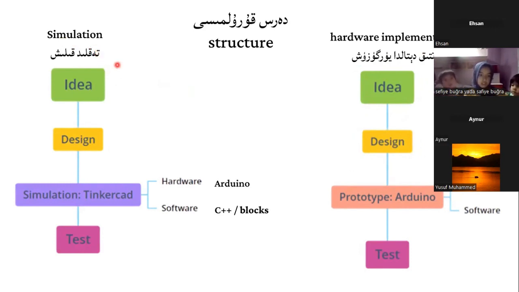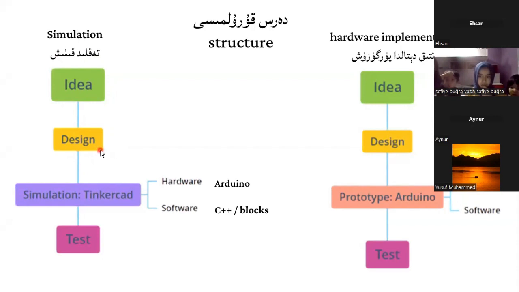In simulation, we plan. There's a bunch of steps on how to simulate. First, we have an idea. Let's say I'm going to make a police car's light. That's going to be my idea. And for the design, it's just planning what you need. Do I need a red LED light, a blue LED light, a piezo, which is basically something that makes a noise?